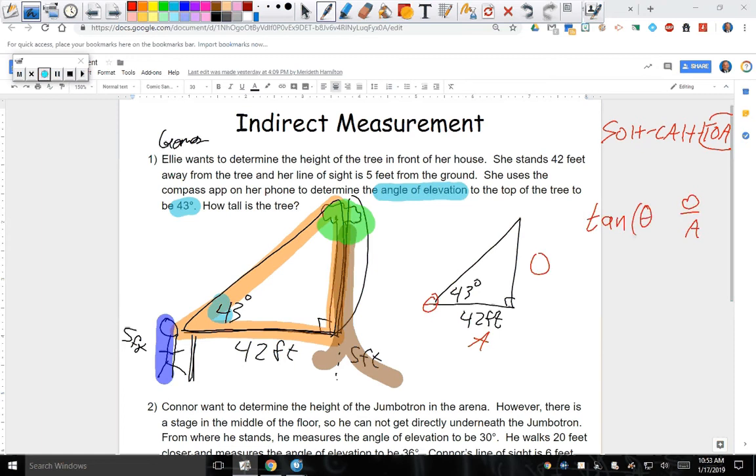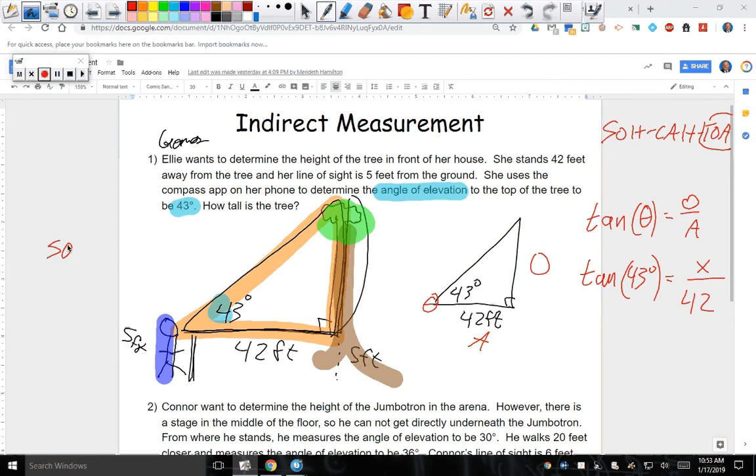So tangent of theta. Our angle that we have is 43 degrees, and the opposite is unknown, and the adjacent is 42. Okay? What would y'all do to solve for x? Anybody? Put it in the calculator with the solve feature. Perfect. You can put in the calculator with the solve feature. In solve or regular solve, does it make a difference? Does it matter?